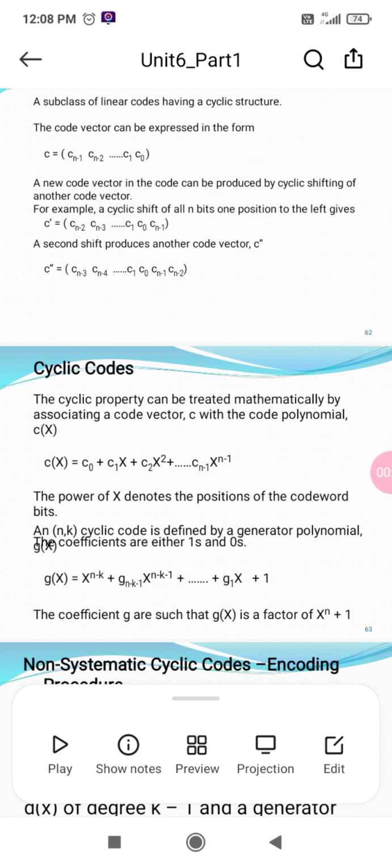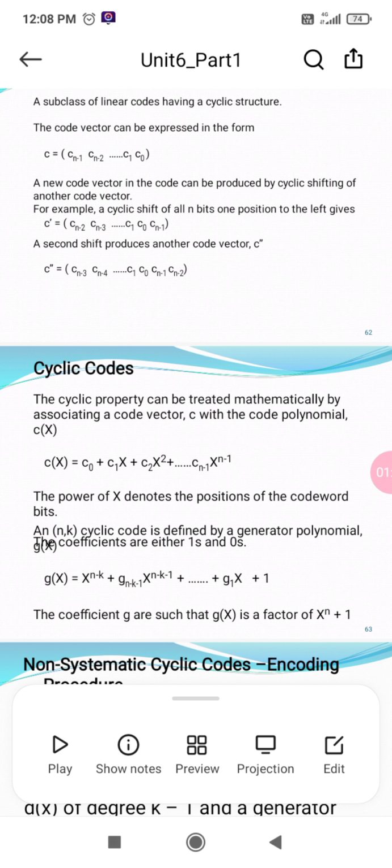For example, a cyclic shift of all n bits one position to the left gives C' = (Cn-2, Cn-3, ..., Cn-1). A second shift produces another code vector C'' = (Cn-3, Cn-4, ..., Cn-2).